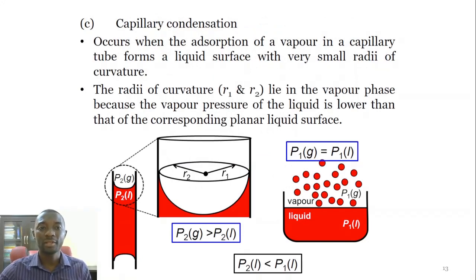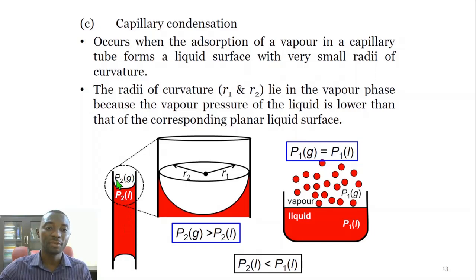Another consequence of the Kelvin equation is capillary condensation. Capillary condensation occurs when the adsorption of a vapor in a capillary tube forms a liquid surface with small radii of curvature. In this case, this is the capillary tube. Then there is a condensation of liquid in this tube.